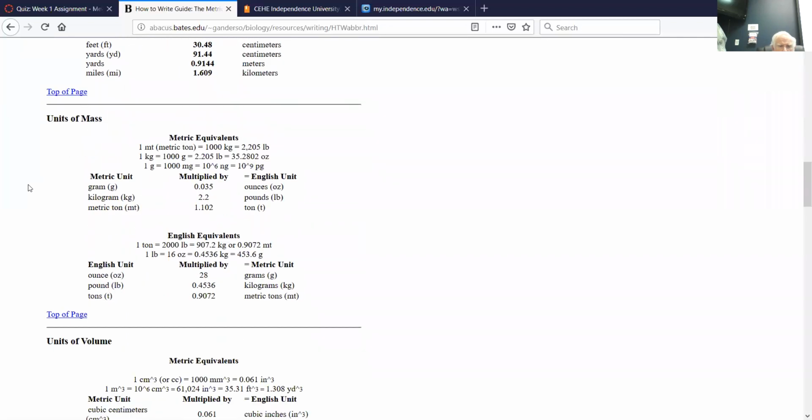Units of mass or weight: the gram is the basic unit. The kilogram is the unit by which we may weigh our patients. We have almost nothing to do with metric tons, which is 1,000 kilograms.